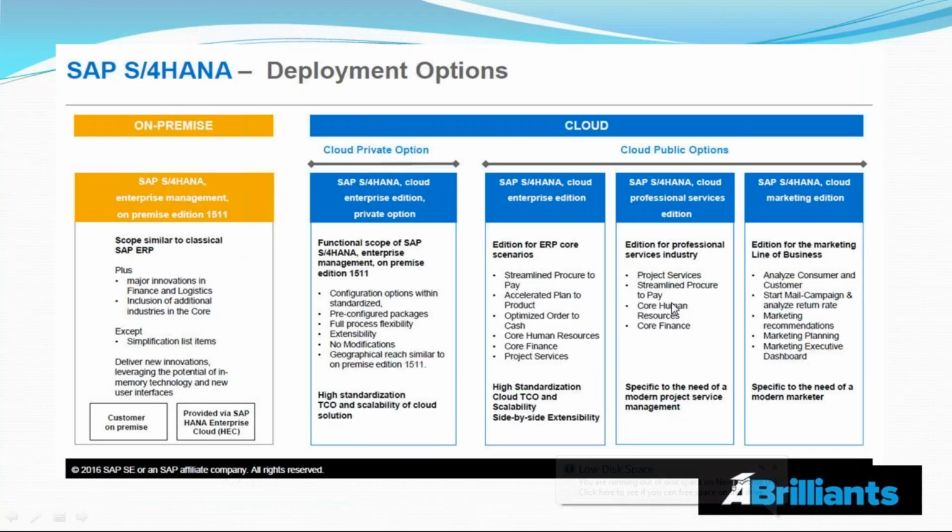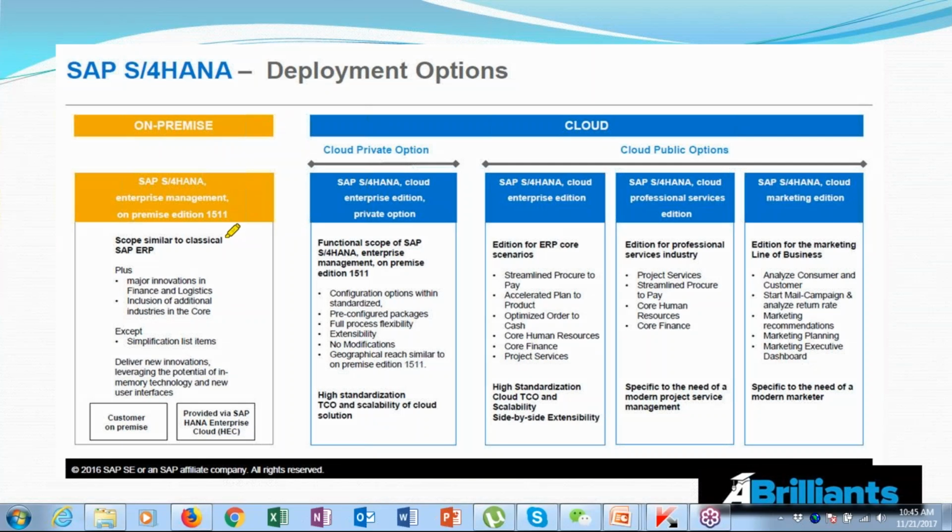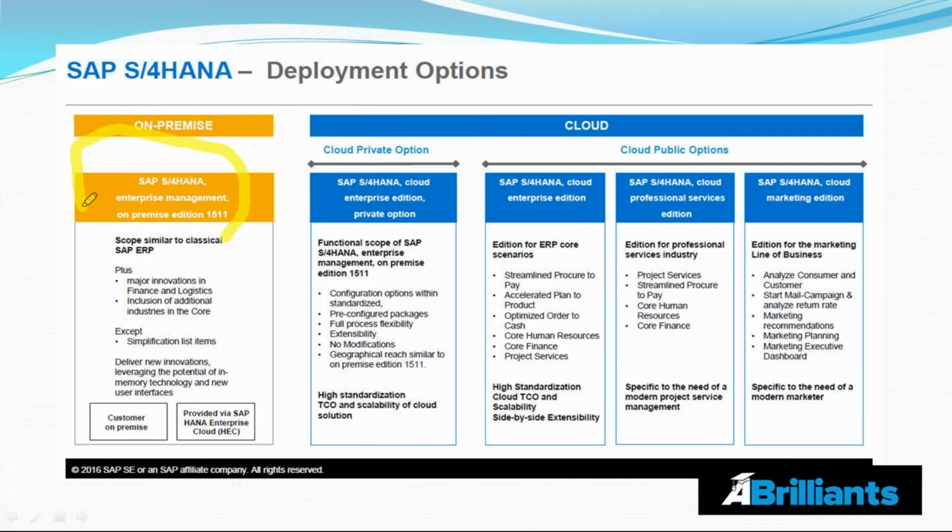Now, this is a deployment option. In this deployment option, we have our previous SAP versions, which is the on-premises version. The on-premises version we just talked about was 1511, Enterprise Management on-premises edition. You look at here, you look at the qualities and the characteristics it has.